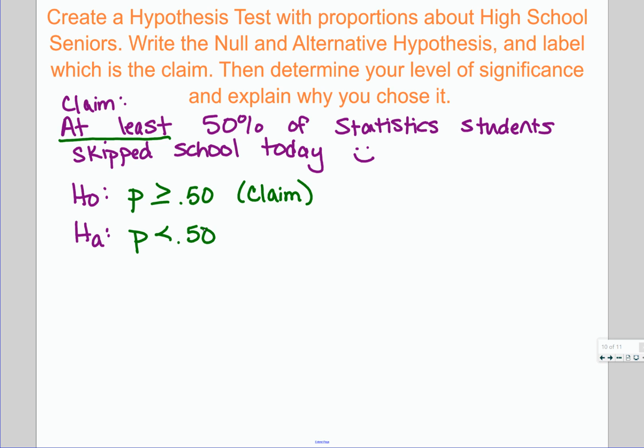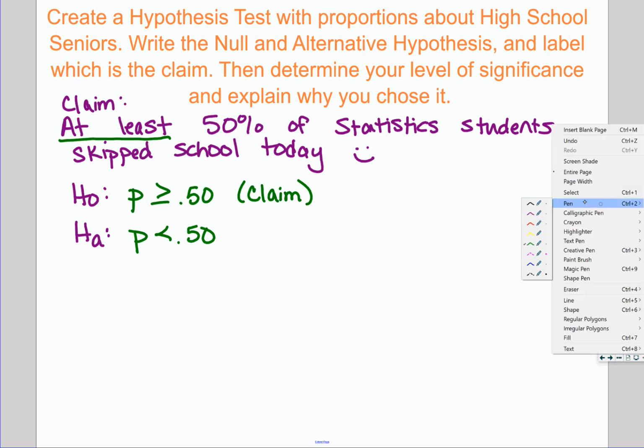Determine your own level of significance and explain why you picked it. So if I were you, I would pick either 0.01, 0.05, or 0.1 because those are the three values that you have all of the values written in on your Z chart. Remember, the lower your level of significance, the more accurate your results, but the more likely that you might reject something that is actually true. The smaller your level of significance means you are going to essentially have like a smaller confidence interval, I guess.